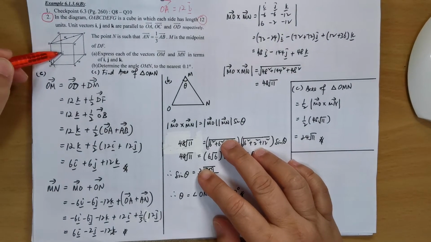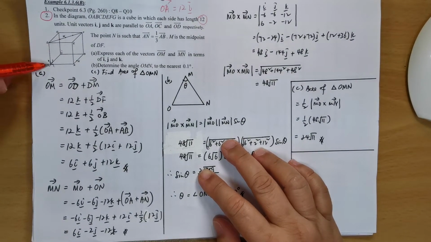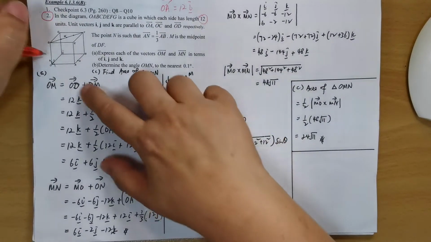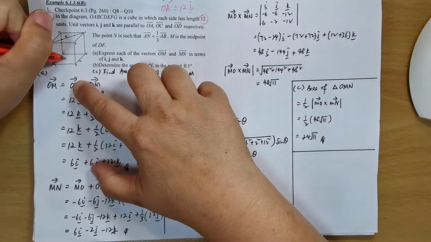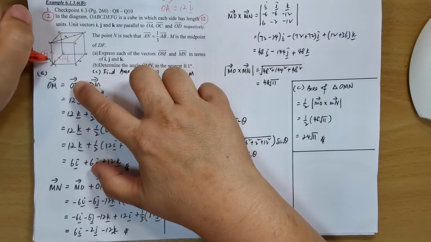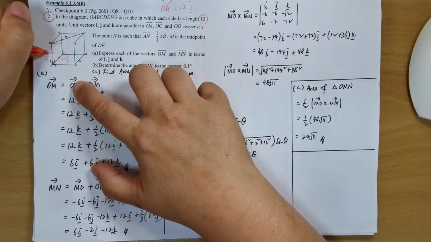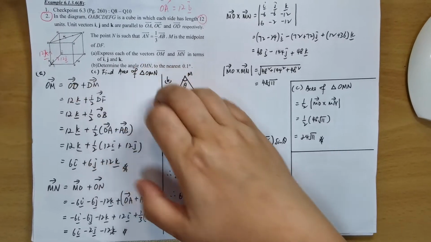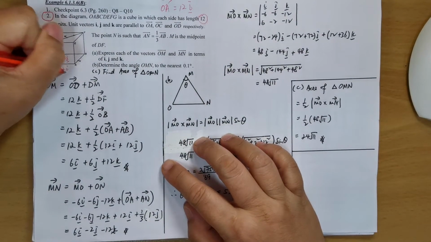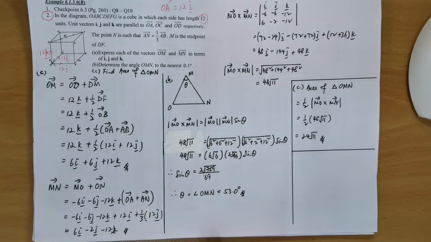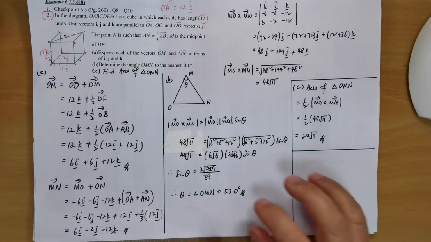So OC will be 12J, and OD will be 12K. Alright. So these are the information given.